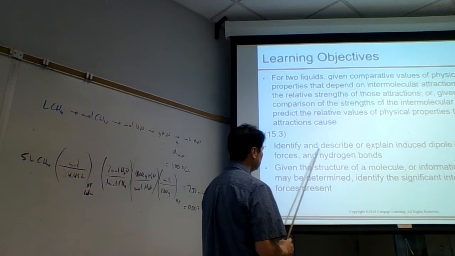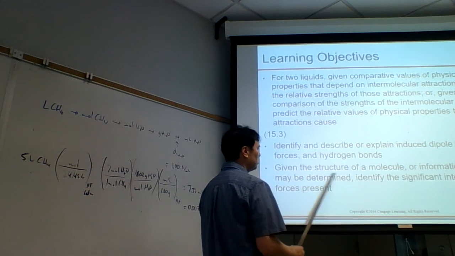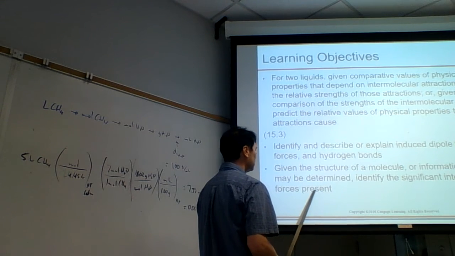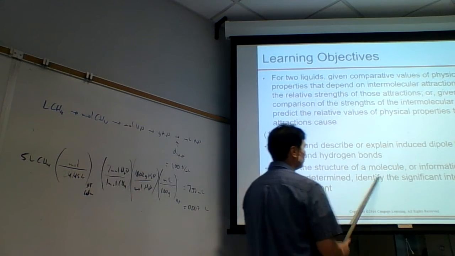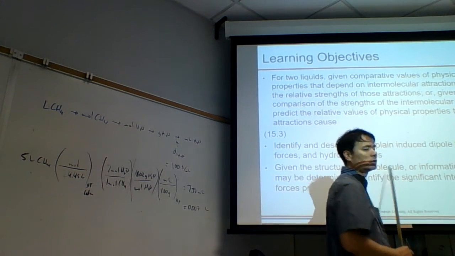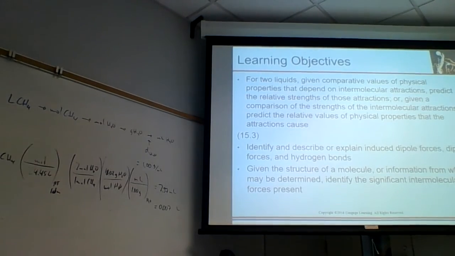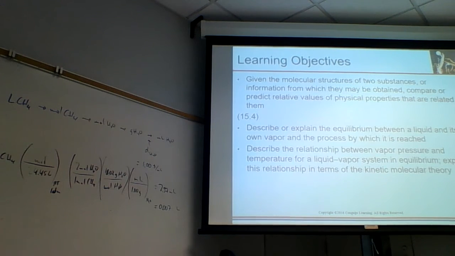There are others too. Given the structure of a molecule or information from which it may be determined, identify the significant ones. So we want to be able to identify when we see these, based on the structure of the molecules, what kind of intermolecular forces of attraction exist there.